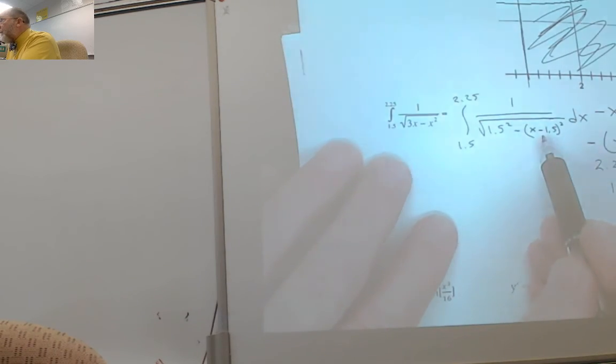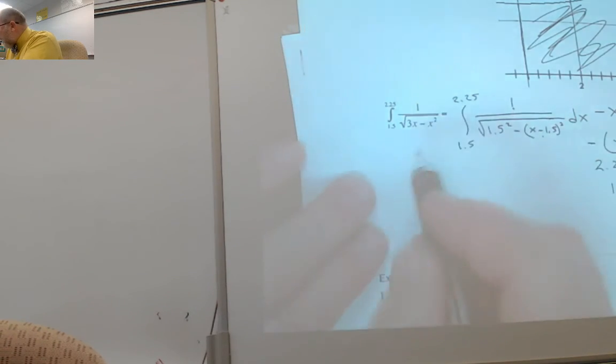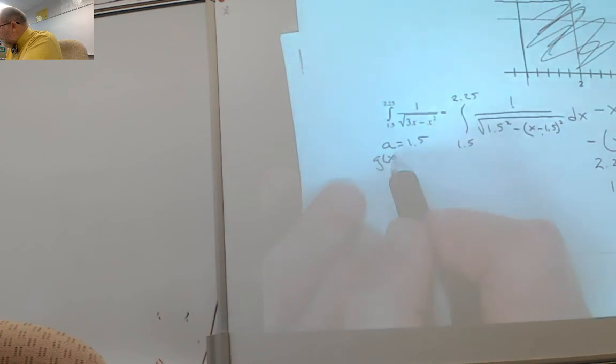The derivative of this is 1. A is equal to 1.5. G of x is equal to x minus 1.5.